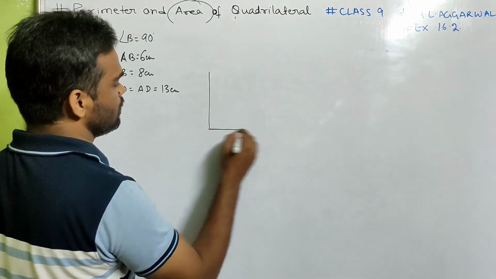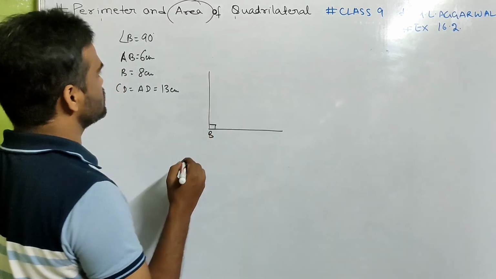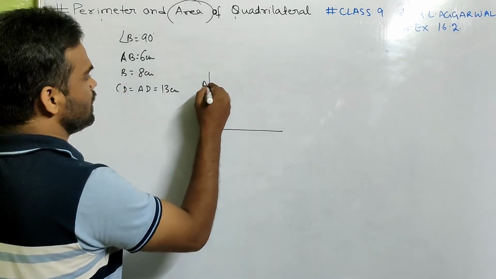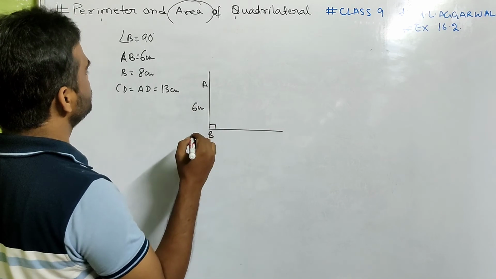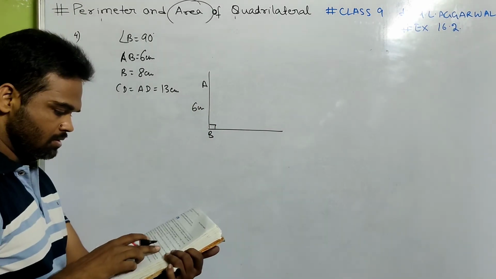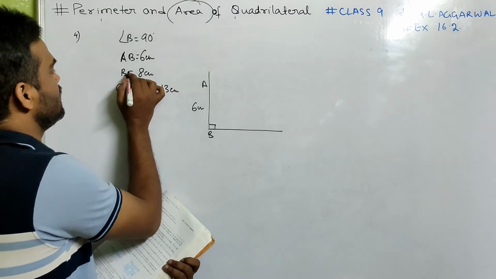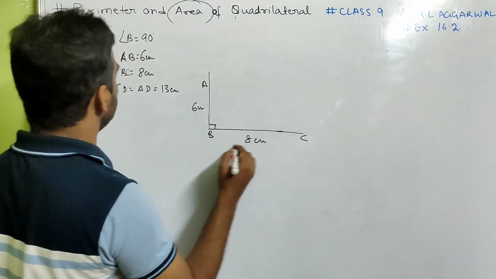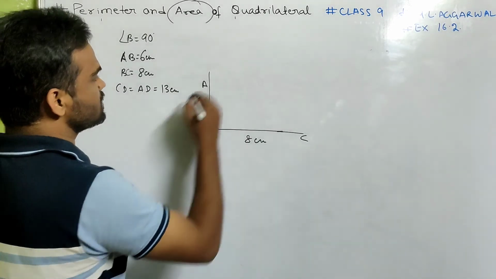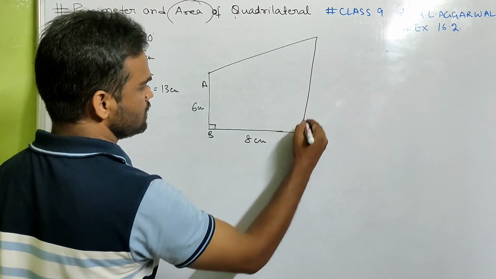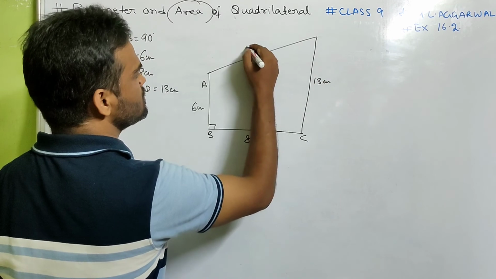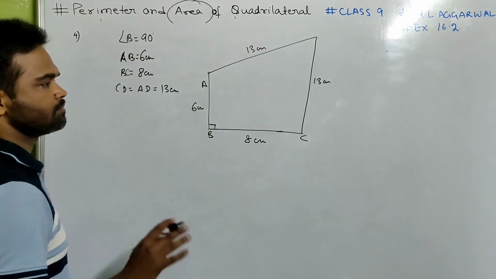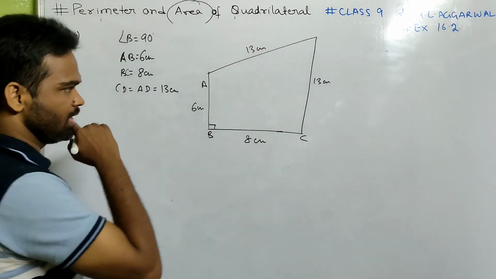First of all, draw something like this. Angle B has to be 90 degrees. Then AB is 6 centimeter and BC is 8 centimeter. CD and AD are 13 centimeter each. Done? Very easy. Look over here.